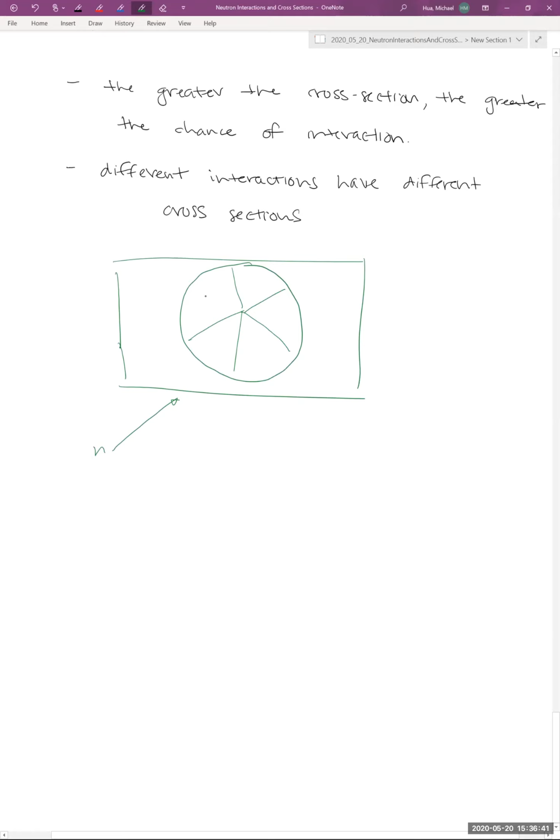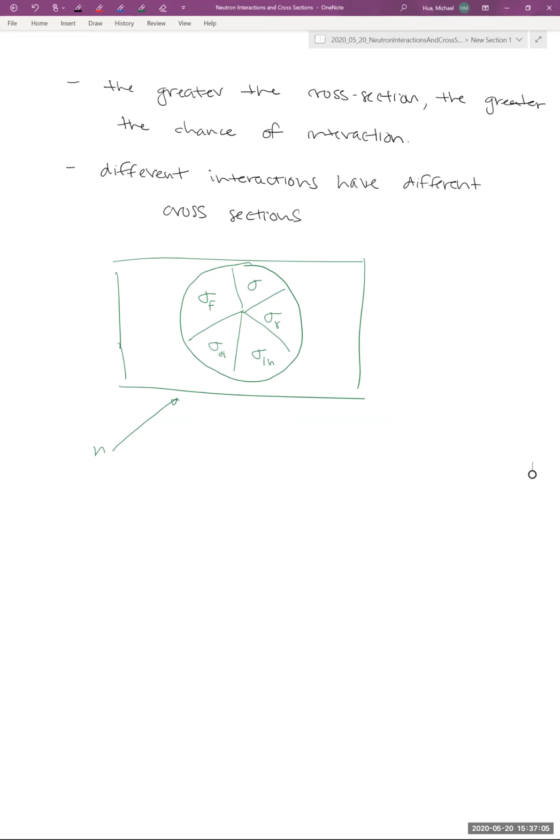And maybe there's a cross section for a fission reaction, or a cross section for elastic scatter, a cross section for inelastic scatter, something for radiative capture, and something for, which one am I forgetting?